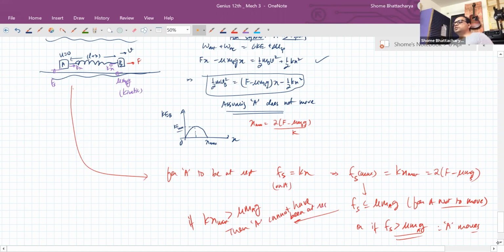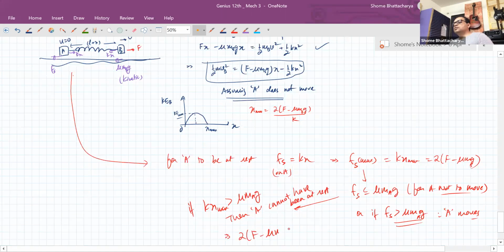It would have moved before this situation is reached. So there you are. 2 times (F minus kinetic friction on B) should be greater than the limiting friction on A. This is the condition for A to be disturbed, whereas if we make it less than or equal to, it is the opposite condition.